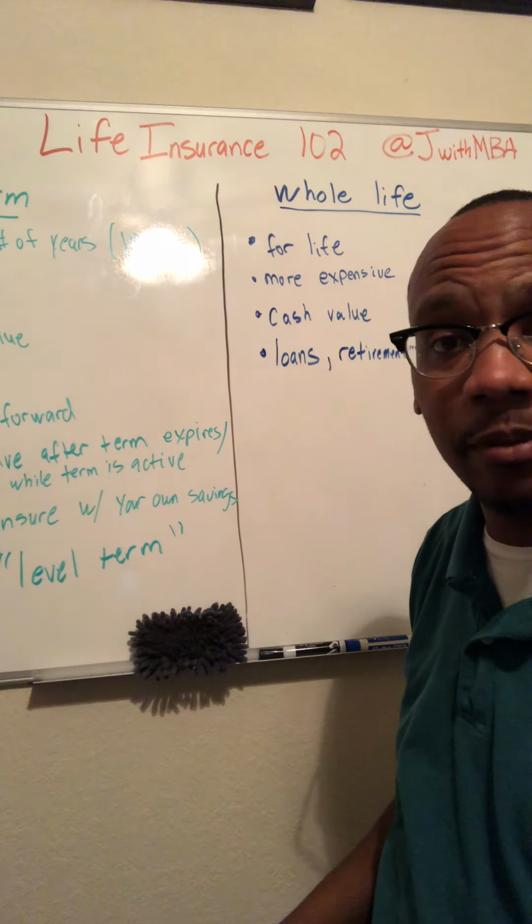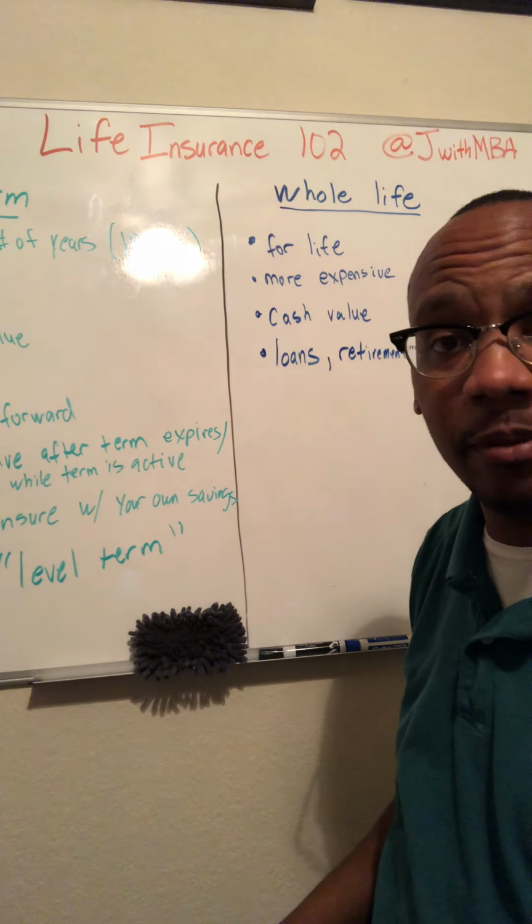The only problem that I see with whole life, another one, is it's more complicated. You get more variables. You get universal life, this whole life, or you add these riders to this and this rider to that. Whereas term, for the most part, is pretty straightforward. You have some riders.